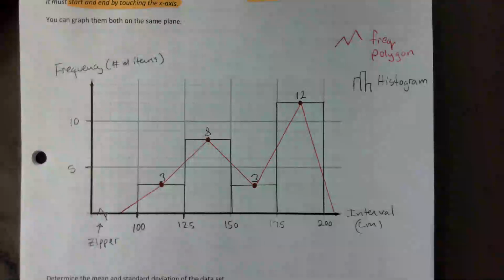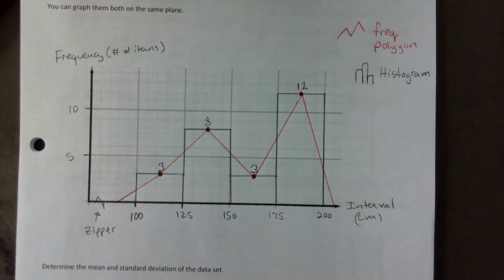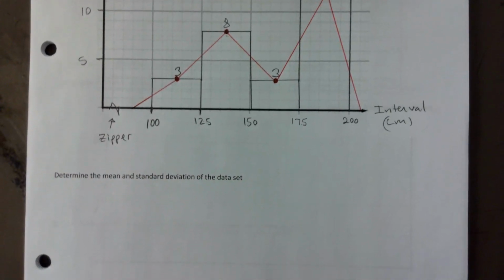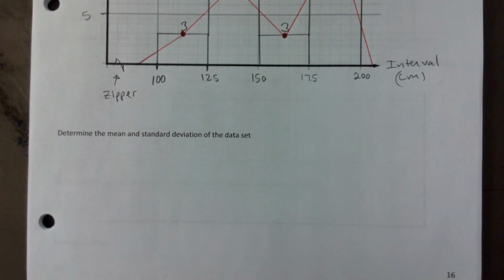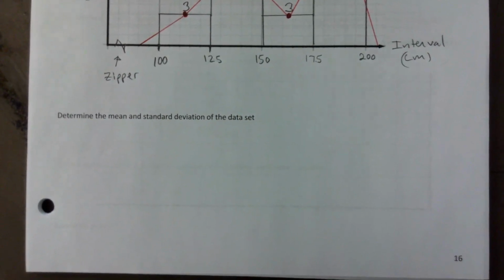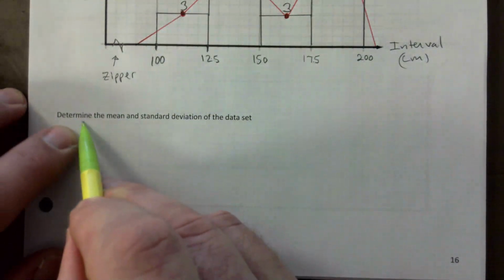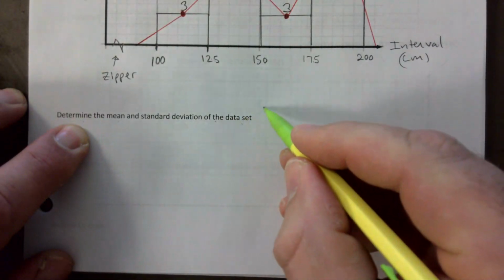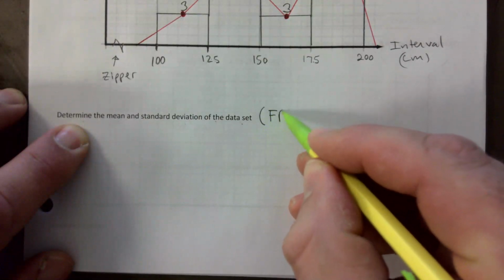Okay. Watch this one right here. At the bottom. If I were to ask you, this is big, okay? This is going to show up a lot. Determine the mean and standard deviation of the data set, okay? Write this down nice and big.